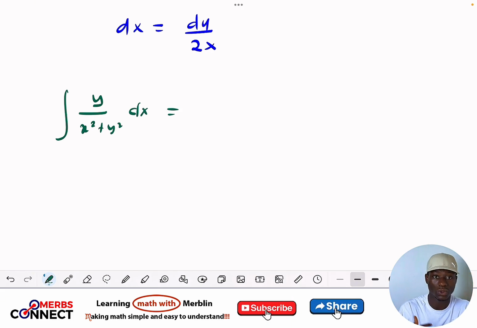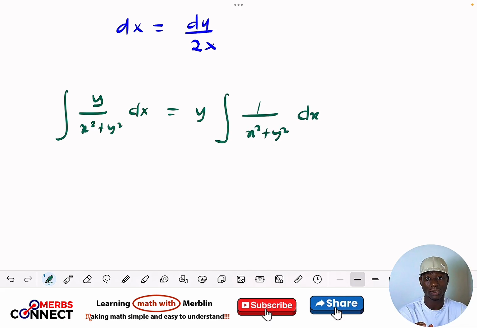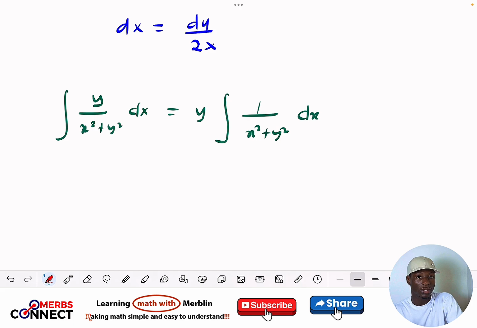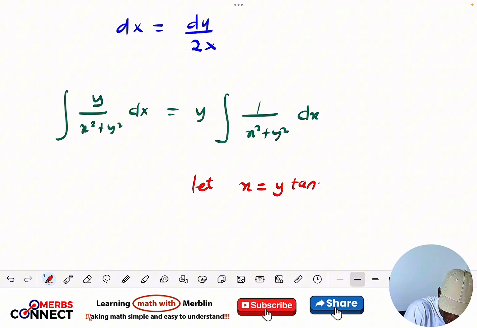Here, because it's with respect to x, I can factor y out and have 1 over x squared plus y squared dx. Now I see that this is going to give us tan inverse because I have 1 divided by something squared plus a constant squared, which I can make the constant y. So I can write this one as, let x be equal to y tan theta. Why did I choose this?